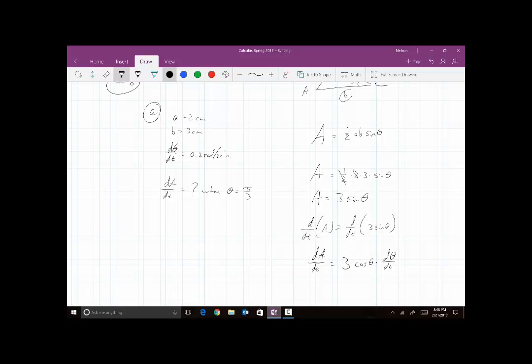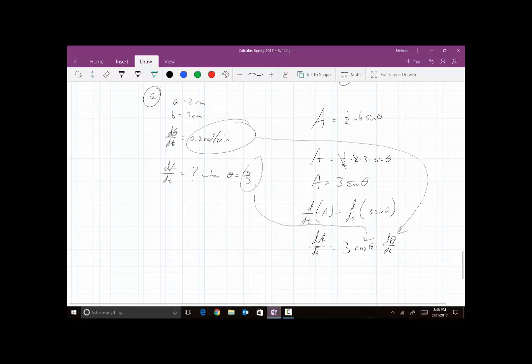For d theta/dt, they gave us something to plug in, 0.2. They told us that theta is pi over 3. So dA/dt equals 3 times the cosine of pi over 3, which is 1/2, times d theta/dt, which is 0.2, or 2 over 10.